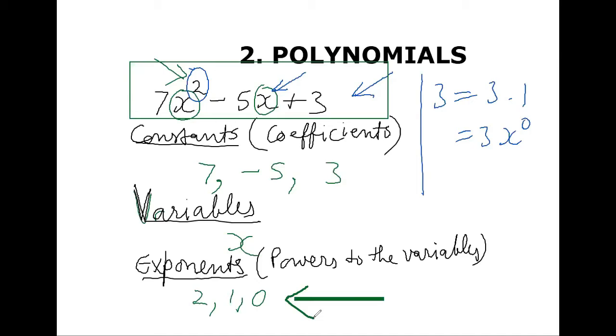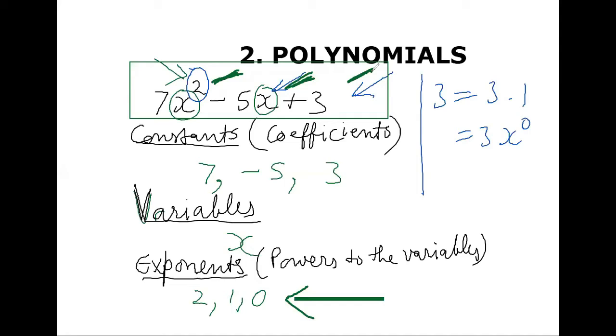These are whole numbers. 1 by 2 is not a whole number. Minus 3 is not a whole number. So if the exponents, do you know which are the exponents? See it here. 2 is an exponent here. Here 1 is an exponent. Here 0 is an exponent. So if the exponents are whole numbers, then the given expression is a polynomial. That is the definition of a polynomial.